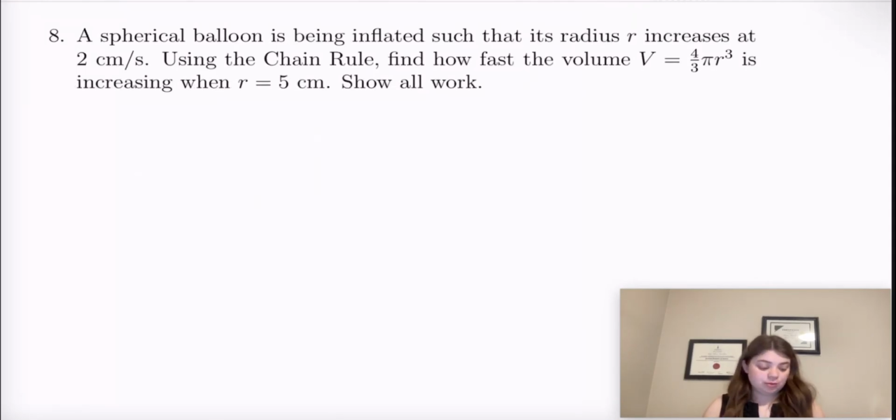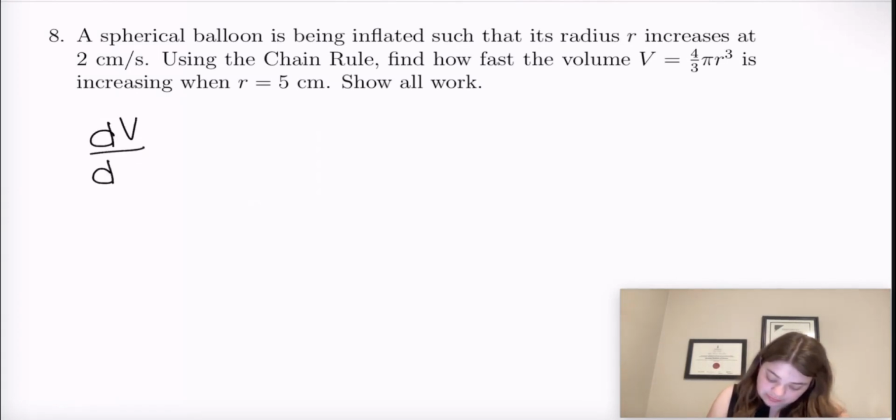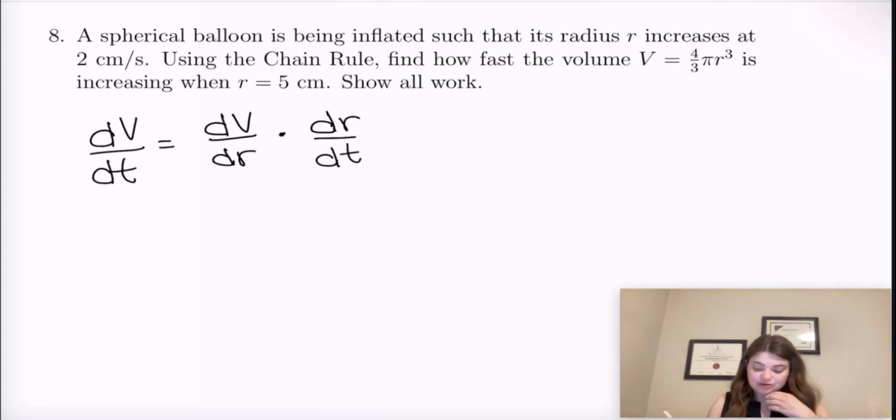Well, derivative is another way to find rate of change. That's another word essentially for the rate of change. And so essentially what we're going to do here is say that the derivative of the volume, so the rate of change in the volume with respect to time, must be equal to the derivative of the volume function with respect to r times dr dt, the change of the radius with respect to the time.